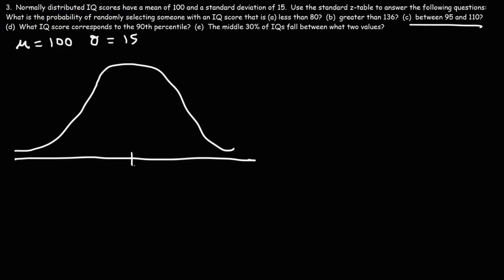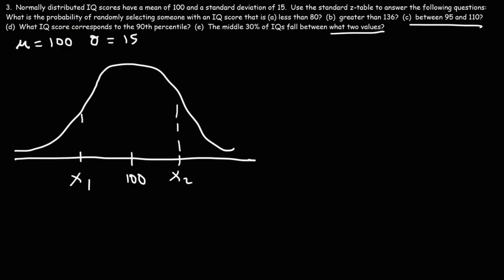So let's put the mean here. So this is going to be 100. And we're going to call this value x2 and this one x1. Those are going to be the two IQ values that we're looking for.